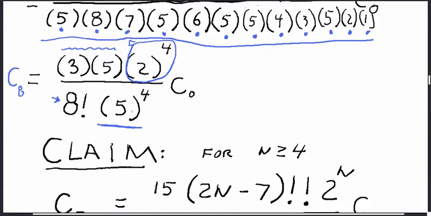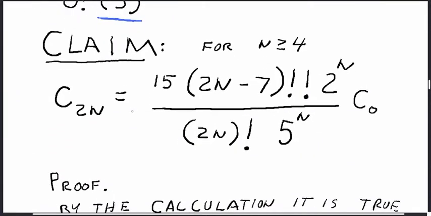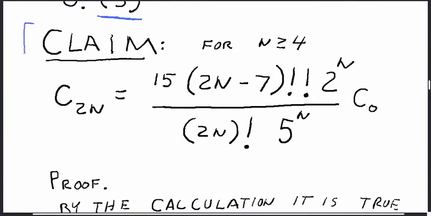So this gives me an idea that perhaps for n greater than or equal to 4, maybe c sub 2n can be equal to, well, 3 times 5, which is 15. Oh, okay, then we get this 2n minus 7 double factorial.